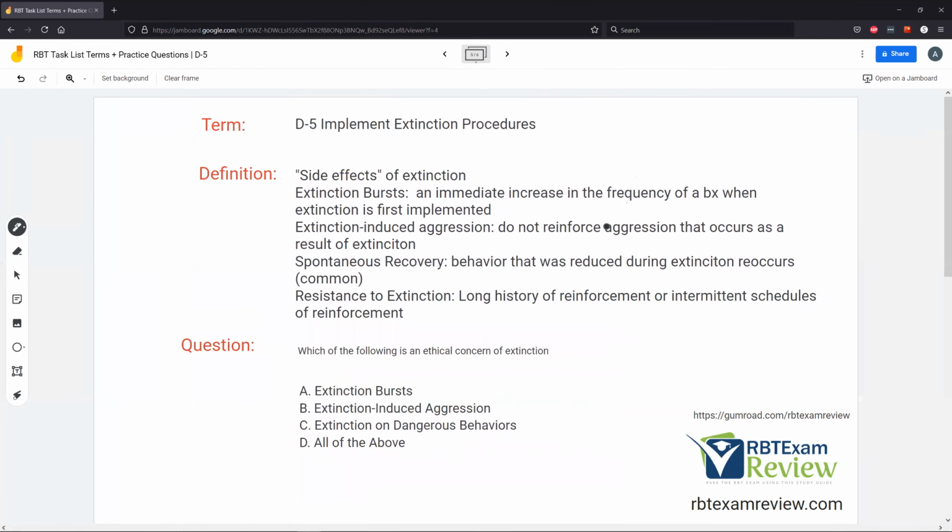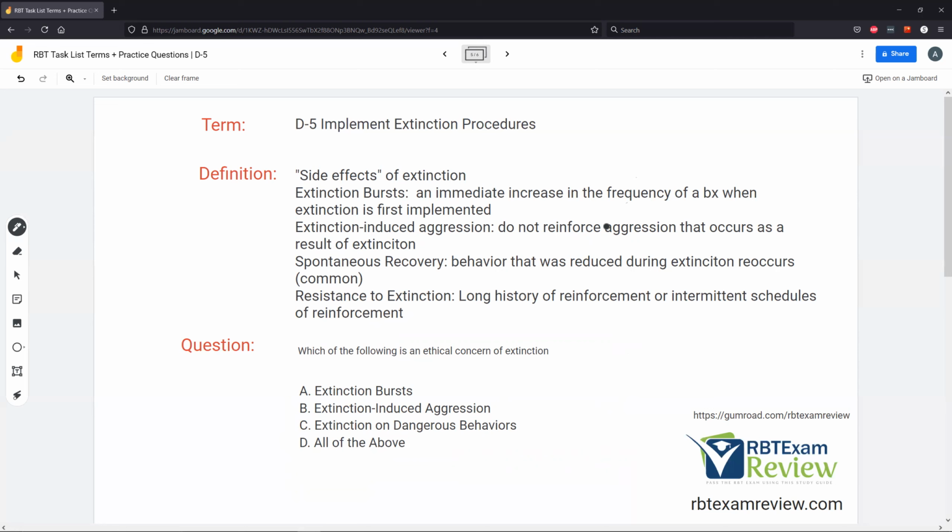Okay, side effects of extinction. There are some ethical side effect concerns with extinction. However, most or a couple are predictable, and it's stuff we can plan for. The most obvious one is an extinction burst, and that's when behavior increases at the start of extinction.